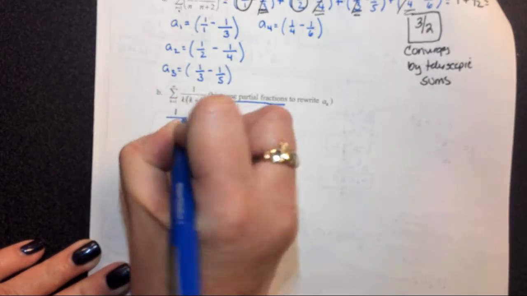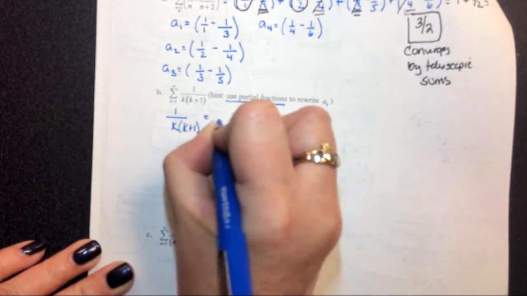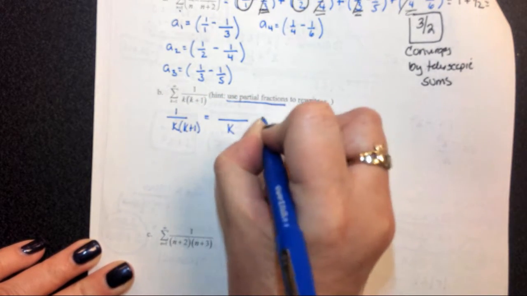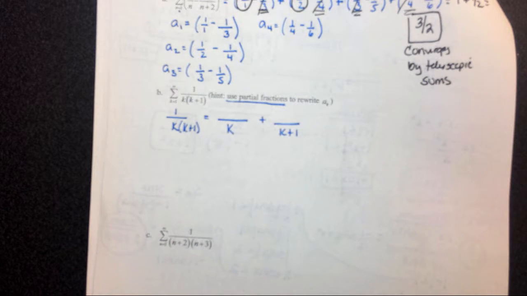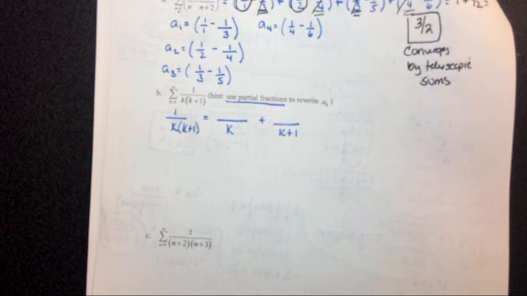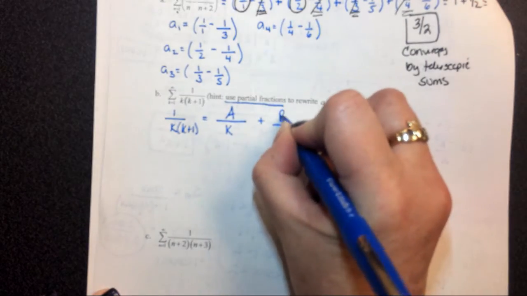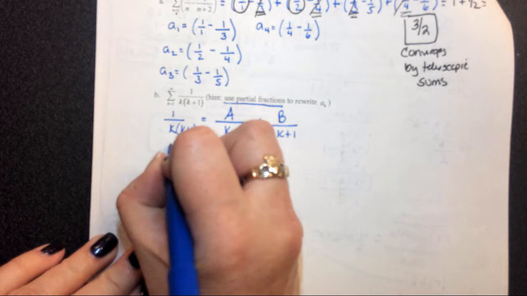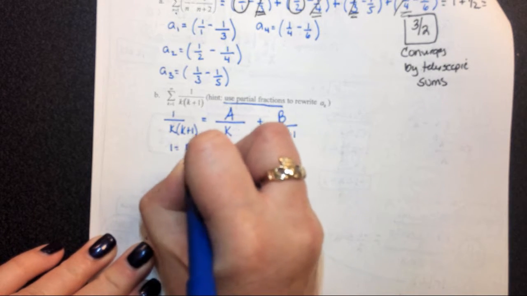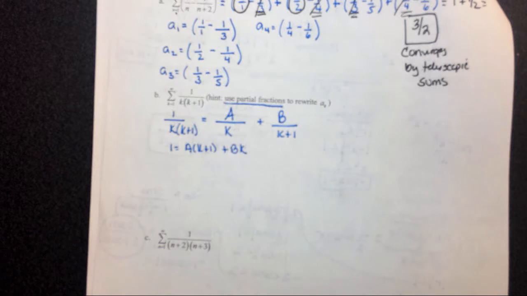So we have that 1 over k times k plus 1. We're going to break this up into 1 fraction having a denominator k, the other one k plus 1. Tell me about the numerators. What are those numerators going to look like? Just A and B, right? So multiply everything by your LCD, I end up with 1 is equal to A times k plus 1 plus B times k.